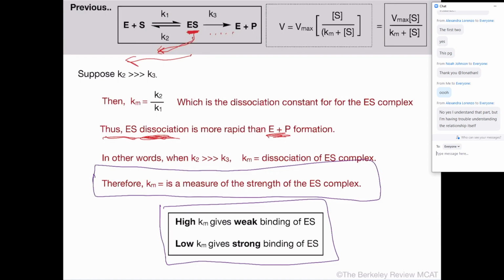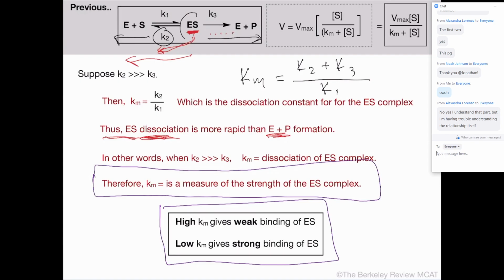No, look at this. So Km equals K2 plus K3 over K1. K2 is leaving your enzyme substrate complex, and K3 is also leaving. Do you see that?